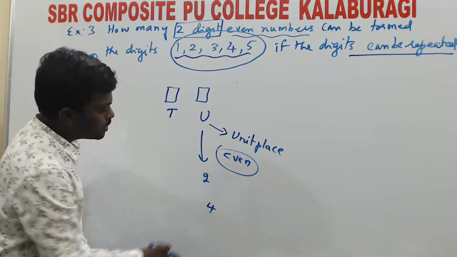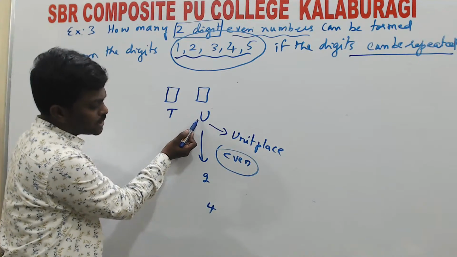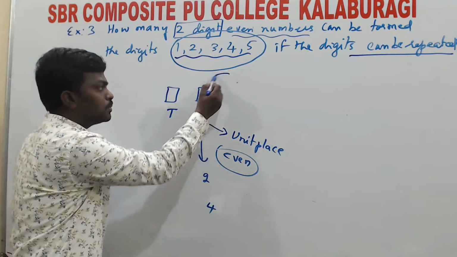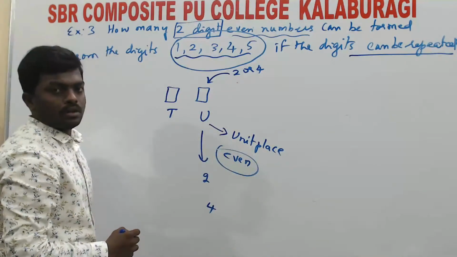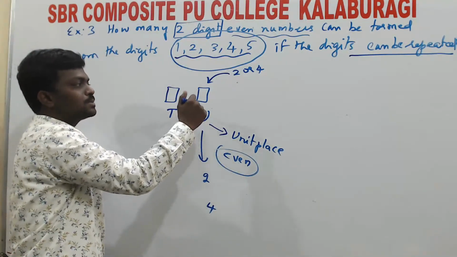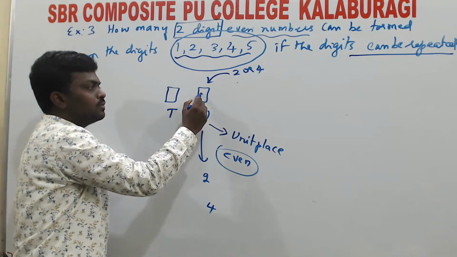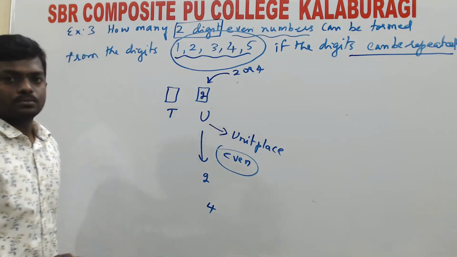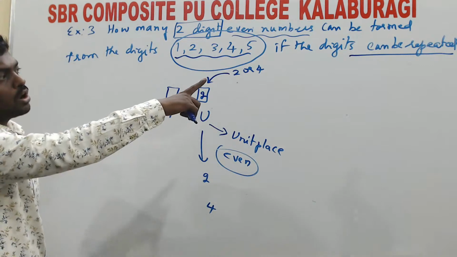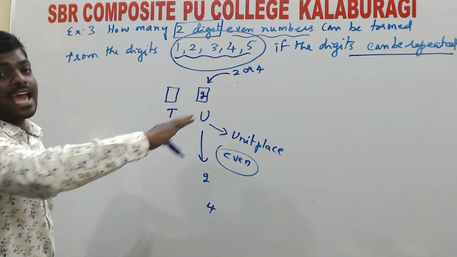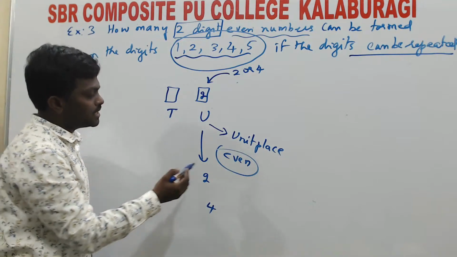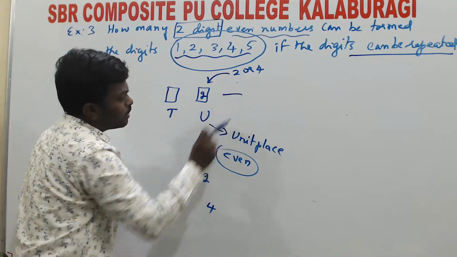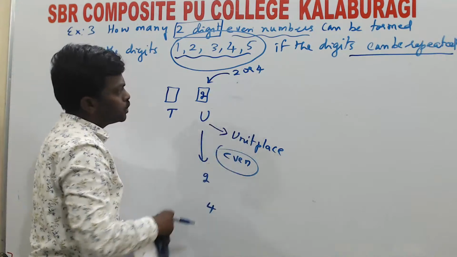Okay, so in this units place, either you have to put 2 or you have to put 4, right? So to fill this units place, how many options do we have? Only 2, right? Now what they are telling is the digits can be repeated, so either you fill this with 2 or 4.